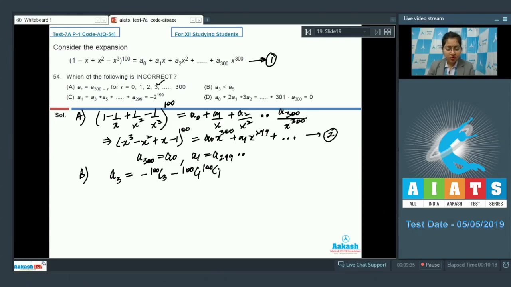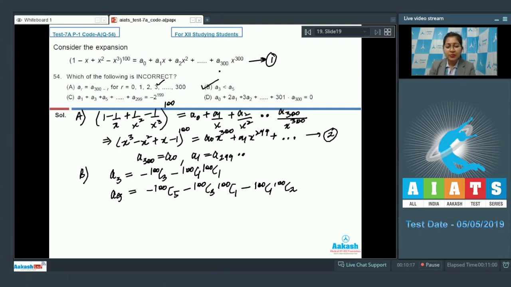Similarly, let's find the coefficient of x raised to the power 5, that is a5, equal to minus 100c5 minus 100c3 into 100c1 minus 100c1 into 100c2. So comparing these two, we can check without solving that a3 is greater than a5, right? In option number B, it has been given that a5 is greater than a3, which means that this is an incorrect option, so option B is our correct answer.